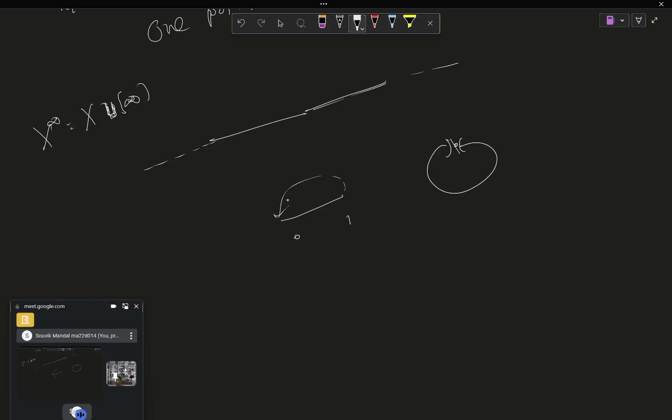Now we just add one point, so this is nothing but S1. The map from R to S1, call it f, is a homeomorphism onto its image.